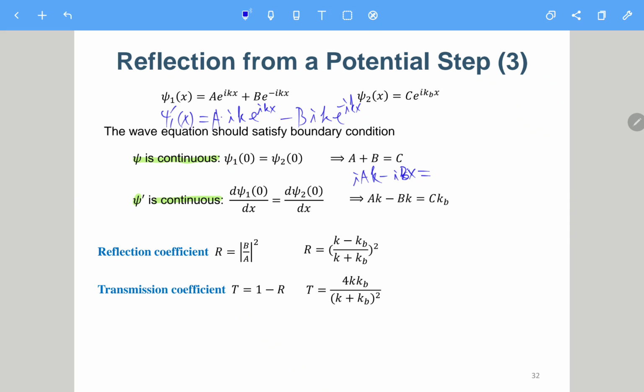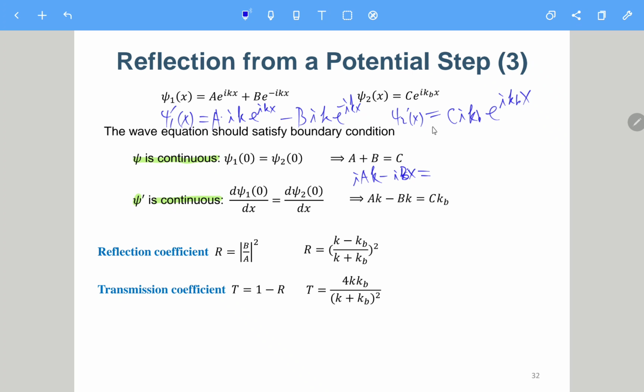equals, and then we also take the derivative for phi 2. So phi 2 x prime is c ikb exponential to ikbx.